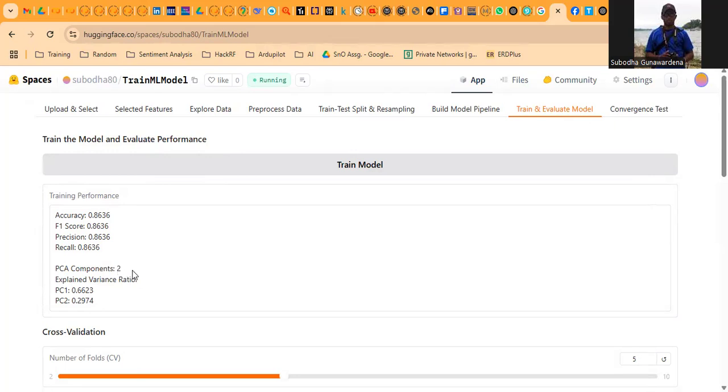So it has chosen 2 principal components out of the 3 features I have. Based on the number of features we have, we can decide how many principal components we need. We can manually change it as well. In this particular application, I haven't provided that option, but in machine learning, we can select the number of principal components. And the other thing is, though we say principal component analysis does not capture all the variance of the data, that does not mean the classification accuracy will be lower than with all the features when we have fewer principal components.